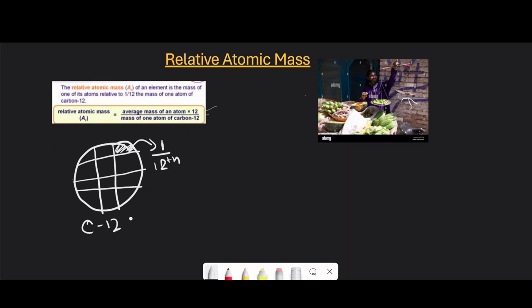So what scientists actually did was find the mass of carbon-12 through the use of spectroscopy. What they found is that this whole carbon-12 atom weighs 1.926 × 10^-26 kilograms. Through some high advanced technology, they have found that carbon-12 actually weighs this.